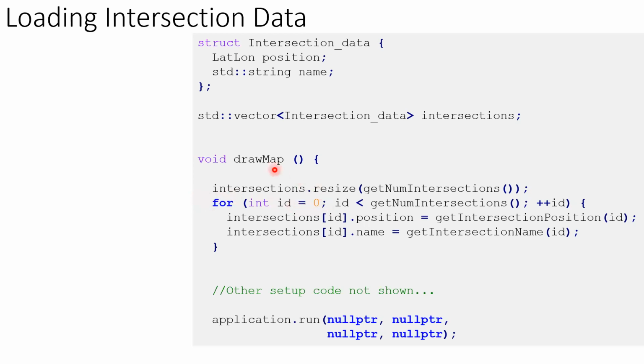So you first resize the intersections vector to be the number of intersections, and then you loop through all of the intersections and fill in the data. And you may have others that have code, but now we're only interested in intersections. Just look for what I said. I think these slides are just from previous years.